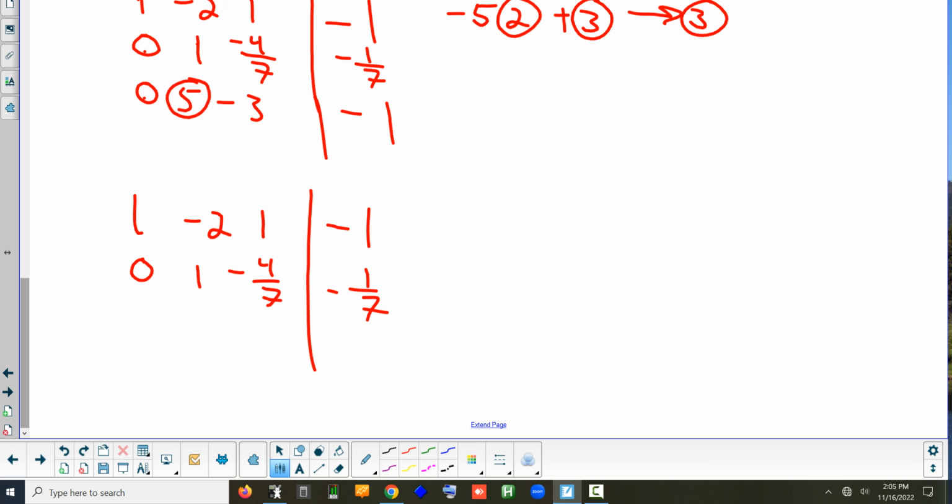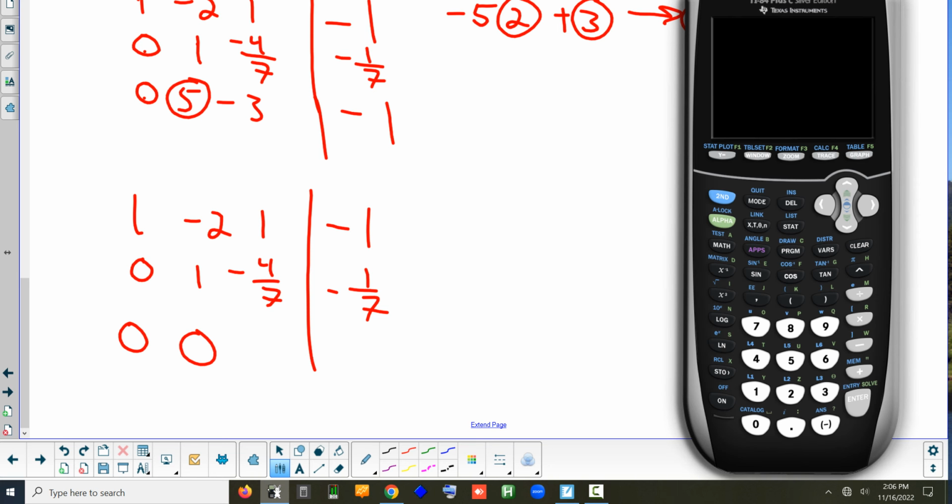We're going to multiply everything by negative 5 and add it to what's in the bottom. What's 0 times negative 5? 0. Plus 0, 0. What's 1 times negative 5? Negative 5, plus 5, 0. Okay, so we only have one thing left to fix after this.